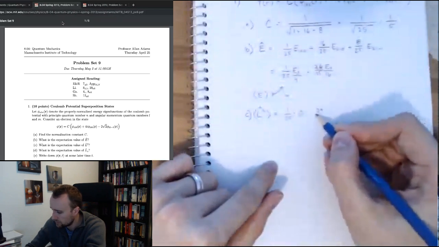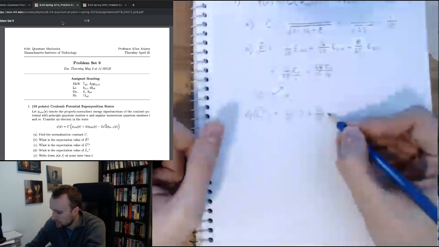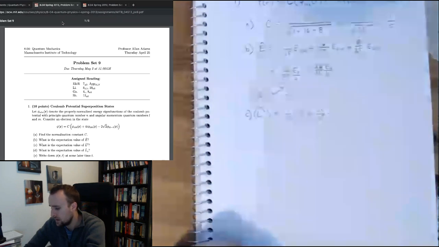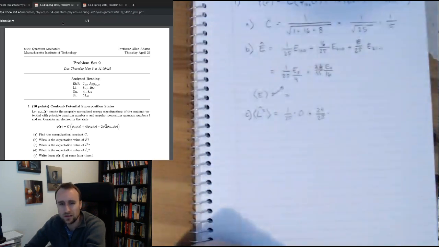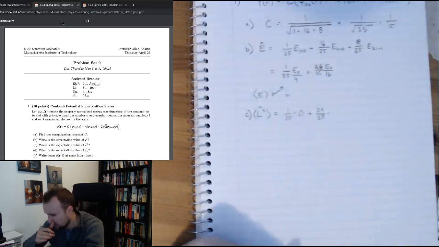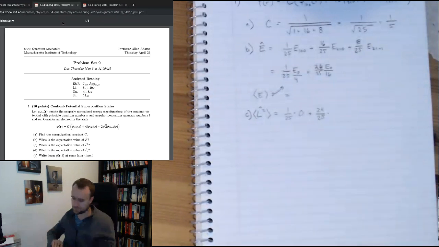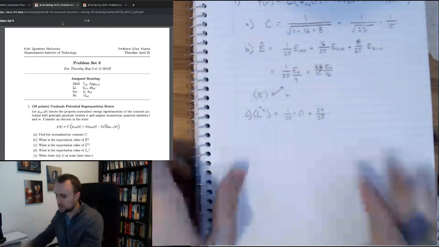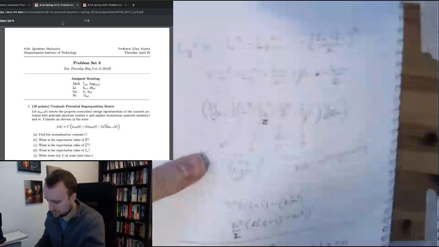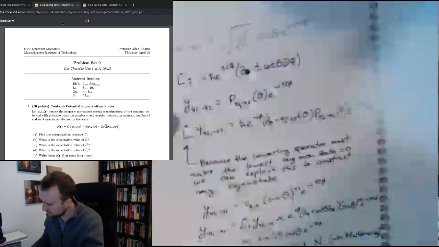It's 24/25 times. What's the unit of this expectation? I think it's h bar squared. What did we do here? We got this eigenvalue here, L squared.